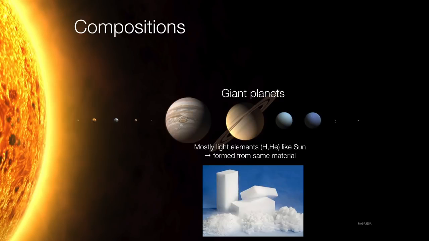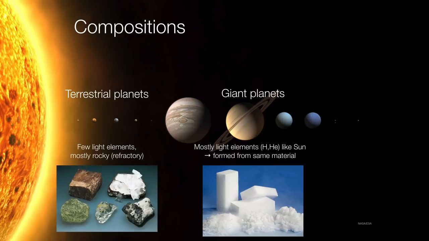So we're going to have these very lightweight materials such as hydrogen, helium, methanes, and chlorofluorocarbons, all cold enough to become an ice. And it's for this reason that these planets have a relatively low density. But terrestrial planets, on the other hand, have relatively few of these lightweight elements, and they're mostly composed of rocky or refractory materials, so minerals, olivines, and so forth.